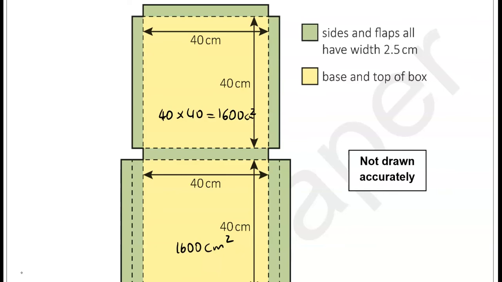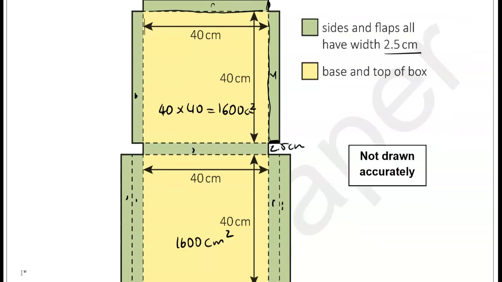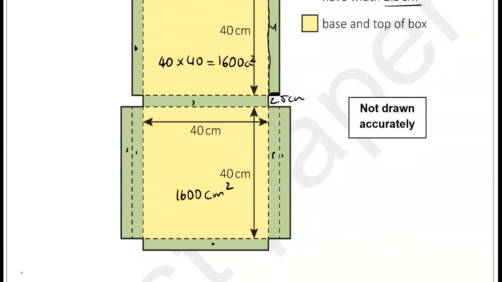And what we also have is the flaps, the sides and flaps. So all of them have a width of 2.5 centimeters. So this width here is 2.5 centimeters and the length is 40. Same over here, length 40, width 2.5 here as well. So we've got 1, 2, 3, 4, 5, 6, 7, 8, 9 of them that are identical.